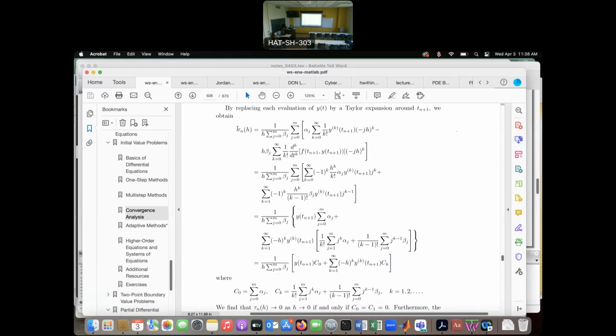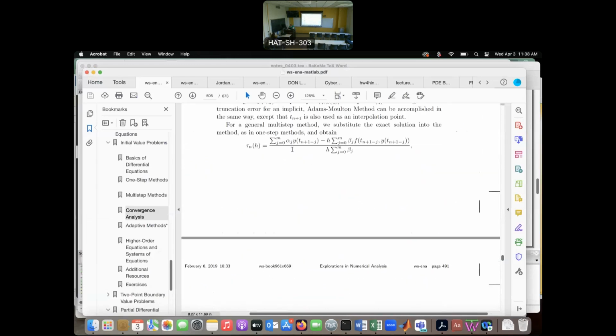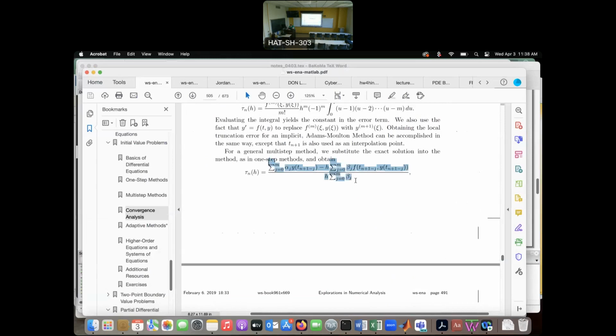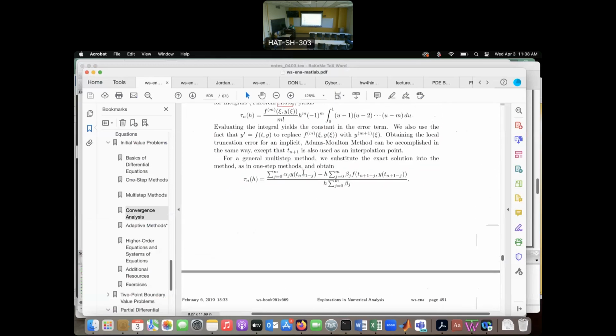Here, what I have is for a general multi-step method, so beyond Adams. What's happened in this case is I take this general expression for a multi-step method with the truncation error, and I do the same kind of Taylor expansion as I showed you for the midpoint method to show it's second order accurate. I Taylor expand my solution values around time t_{n+1}, so that's a slight difference.